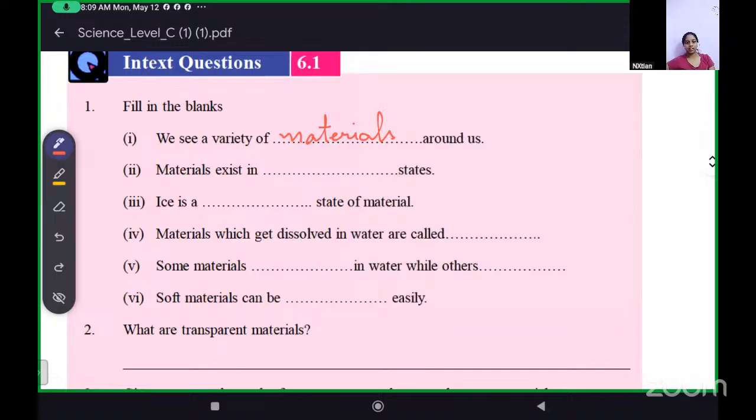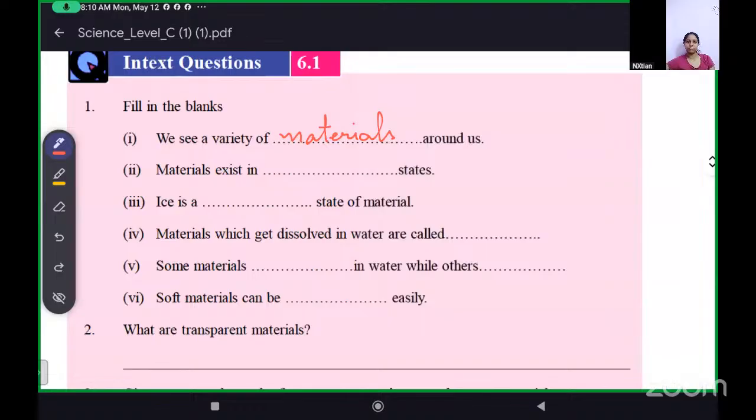Now, second one, materials exist in dash states. Abraham, how many states of materials are there?